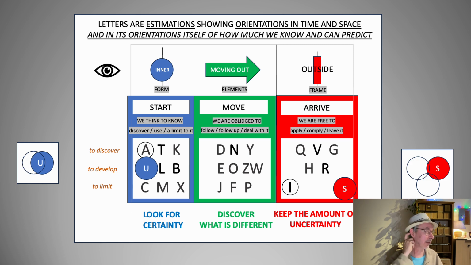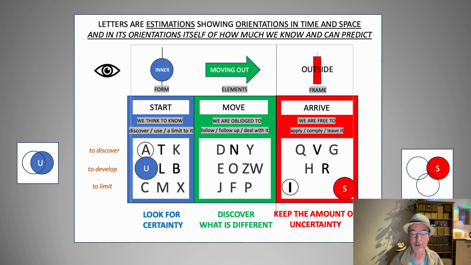I have two letters as a starting point. The U, which is from the first position, is about what you are able to understand. You're able to understand it as something different. It's different from you as I, because now it is you, it is something else. Discover how it's developed.